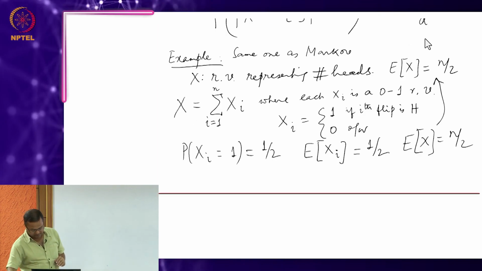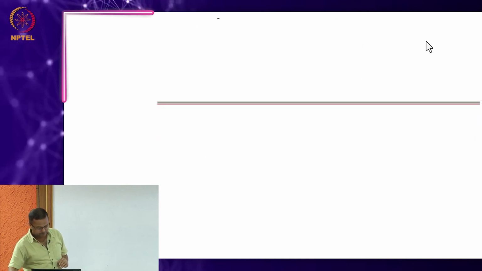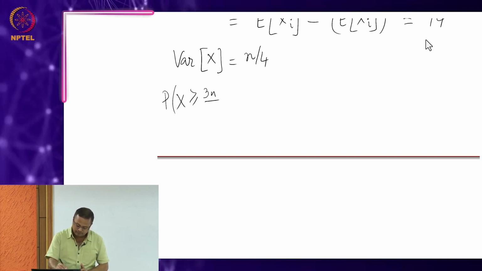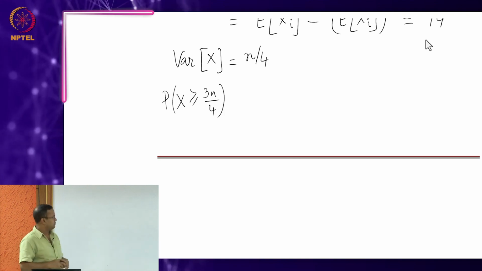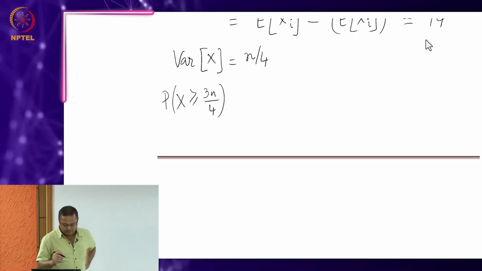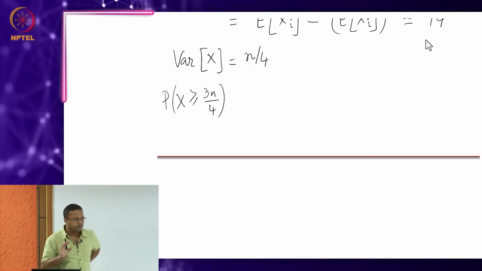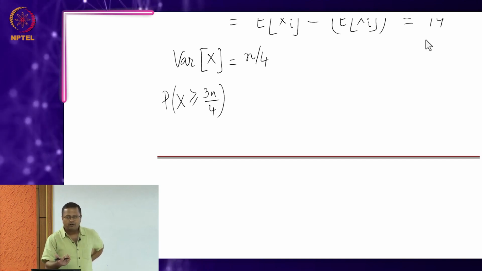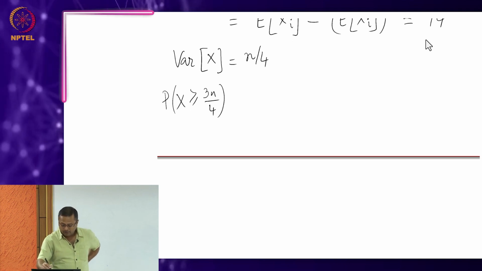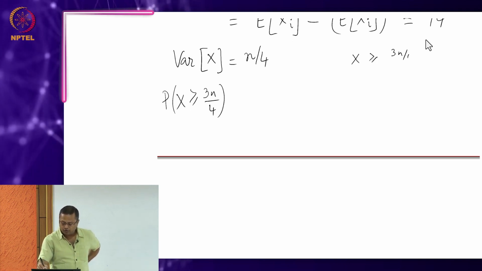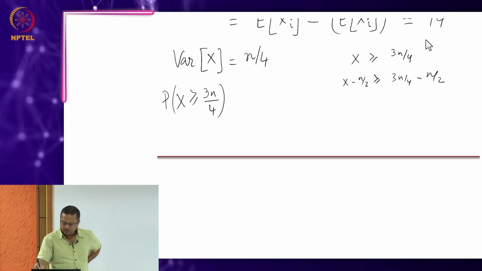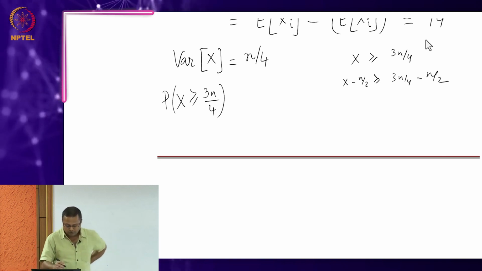So I want an upper bound on this, but exactly Chebyshev is not in this form. So I have to somehow extract the Chebyshev form out of this, right? Okay. Now if x is greater than or equal to 3n by 4, then I can perfectly do this. So I can also do this here, right?